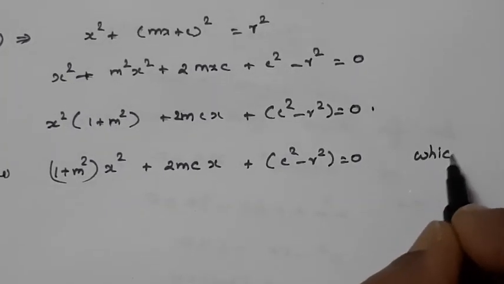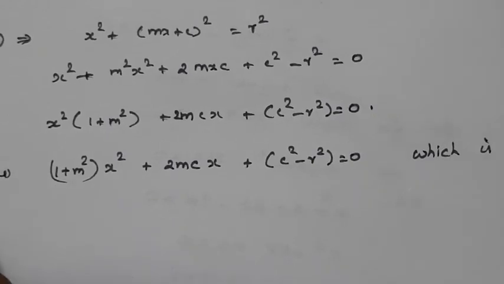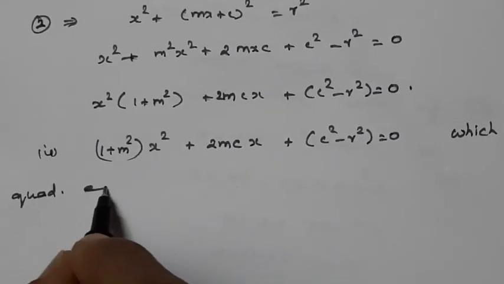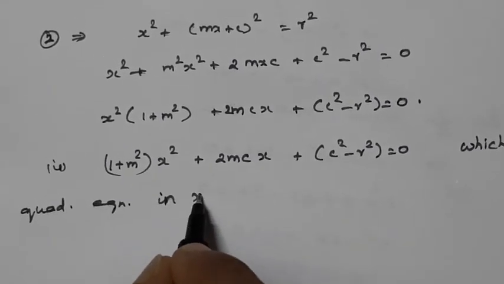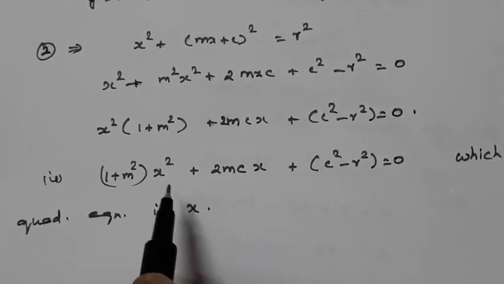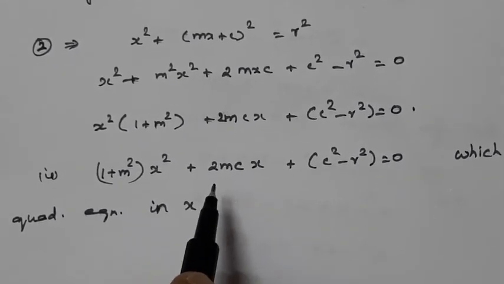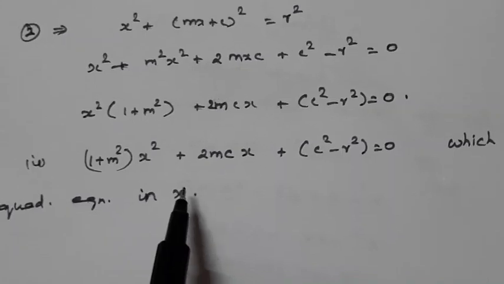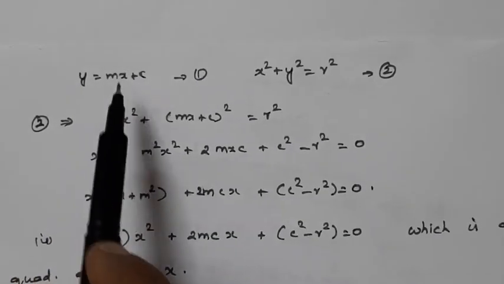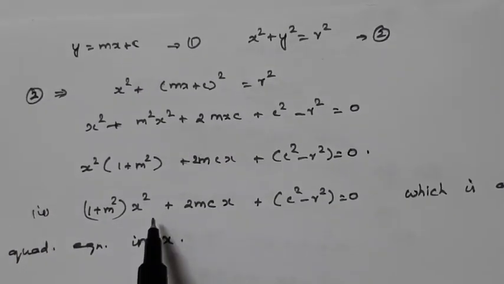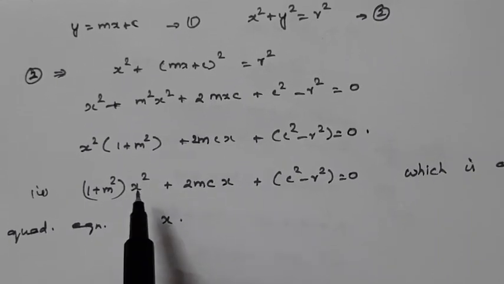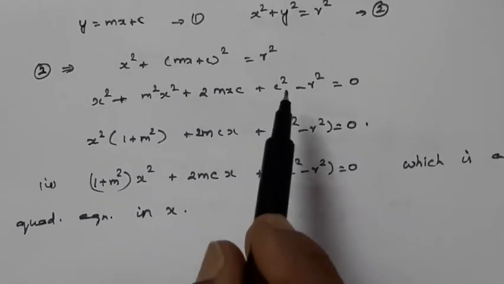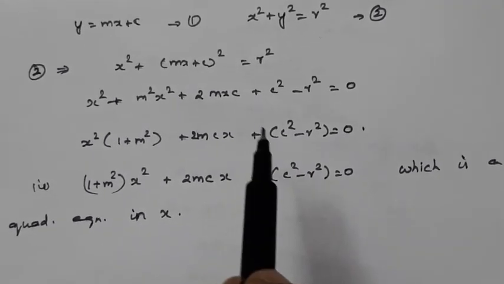Okay. So how many values do you get if you solve this? You will get 2 values of x. On substituting the 2 values, you will get 2 values for y, and hence we get 2 points of intersection. This shows that the line and the circle intersect only at 2 points.